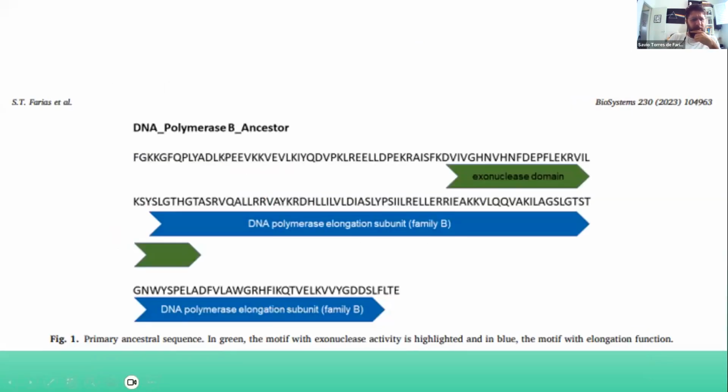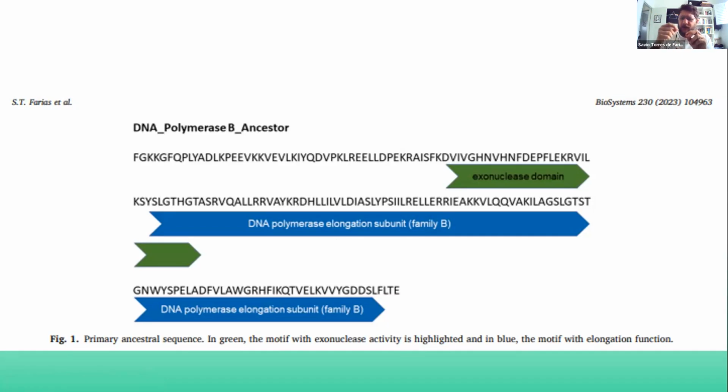Here you can see the ancestral sequence of the family B of DNA polymerases, and you can find the exonuclease domain. That's a very important domain in the DNA polymerases. And you can also see here the DNA polymerase elongation subunit. This part of the protein replicates.